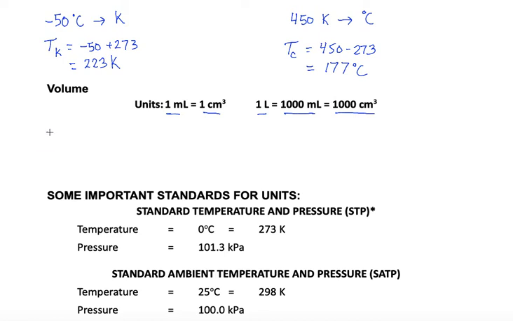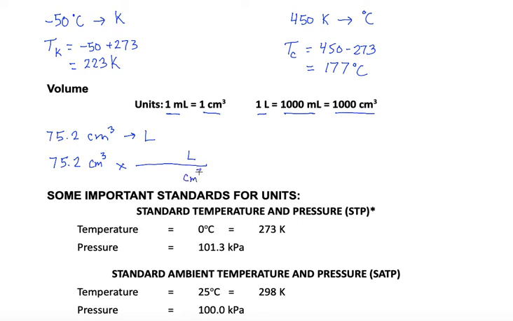So if we were changing something like 75.2 centimeters cubed into, let's say, liters, we can use our conversion factor idea again. So we've got centimeters cubed, and we're going to use this relationship up in here. We know that we want to multiply by our conversion factor. We want to end up with liters on top.